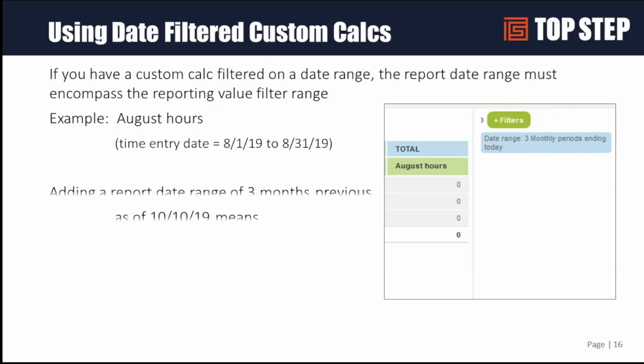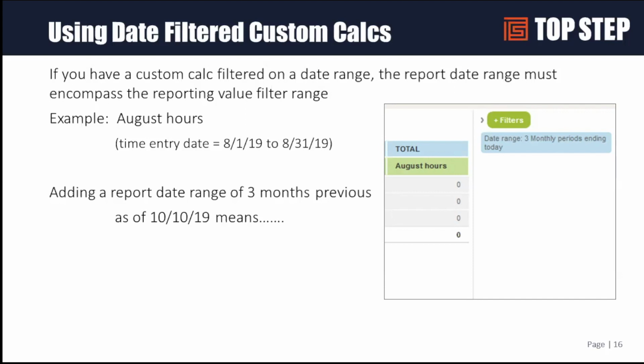In this example, I set up a report and I added a report date range that says 3 previous months as of today, which of course means it's October, September, and it goes backwards.